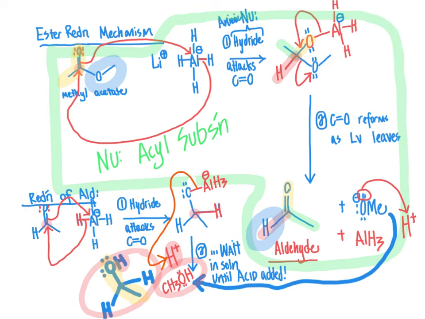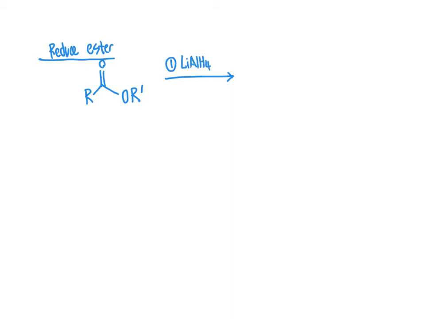So if you're in a situation where you're asked to show the product of reducing an ester, the product of reducing an ester is always going to correspond, if we're reducing an ester, what we can deduce from this mechanism is that if we have an ester here as our starting structure, what will always happen in this reduction reaction is we will always have lithium aluminum hydride as our reducing agent.